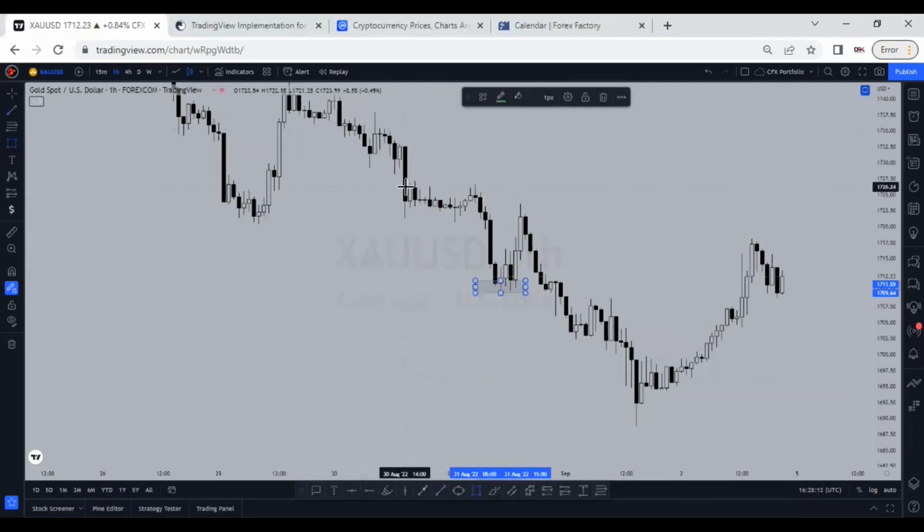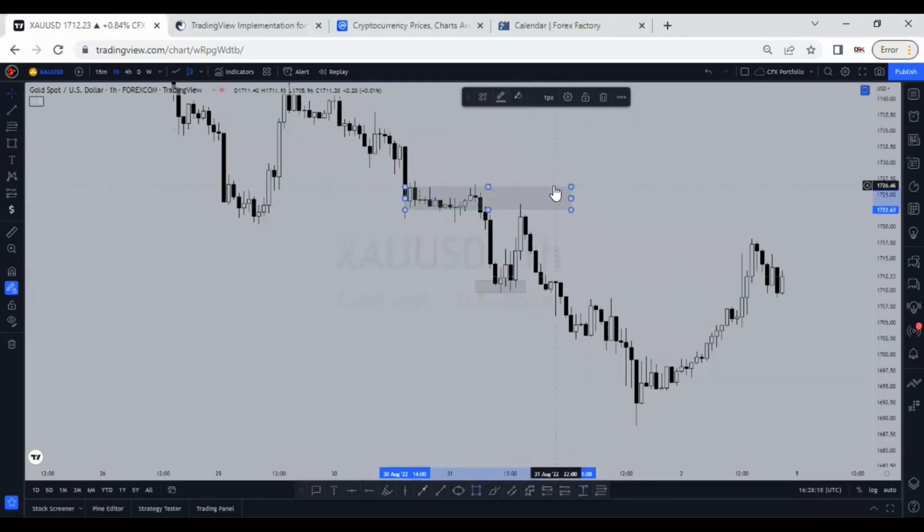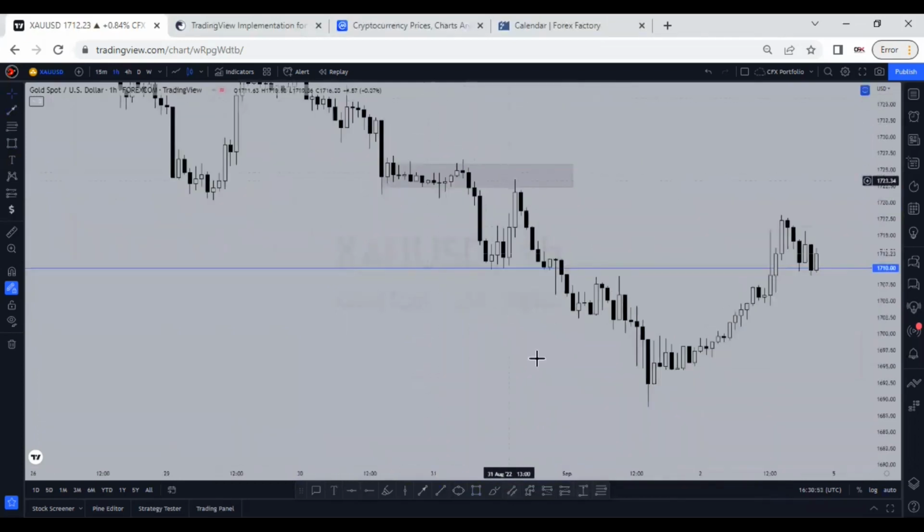But notice that this is actually our zone. When we discuss the demand and the supply zone, this will be considered as our supply zone. So in this supply, we draw our fib from here to this level, and yes, we have a confluence right here.